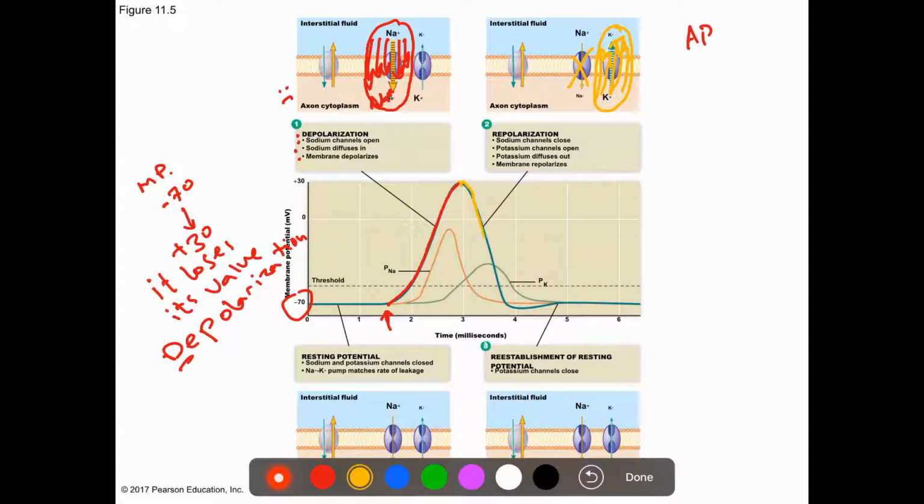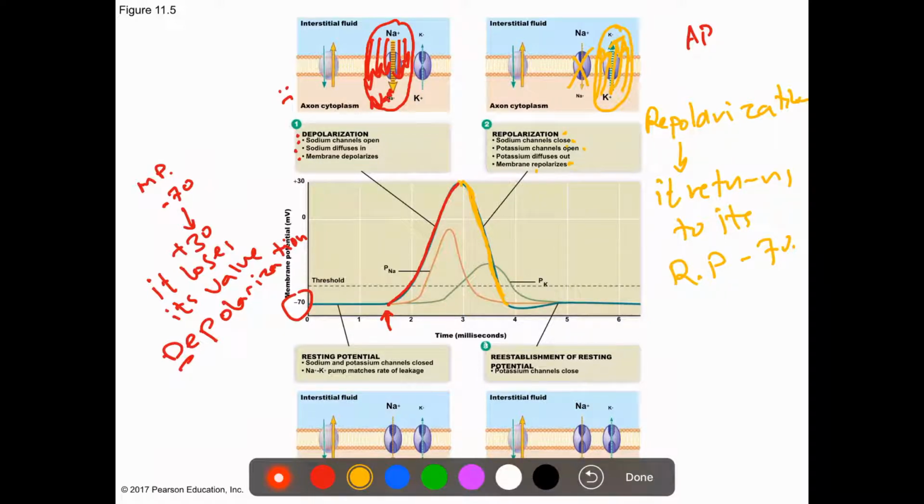That would cause the membrane potential to come back, and that is repolarization. Here we have the sodium channels closed, potassium channels open, potassium diffuses out, and the membrane repolarizes. It means it returns to its resting potential, which is minus 70 millivolts.